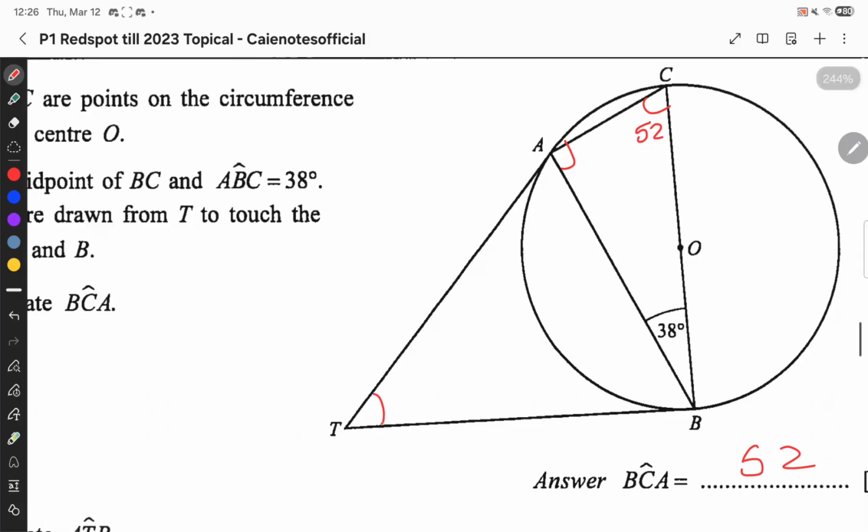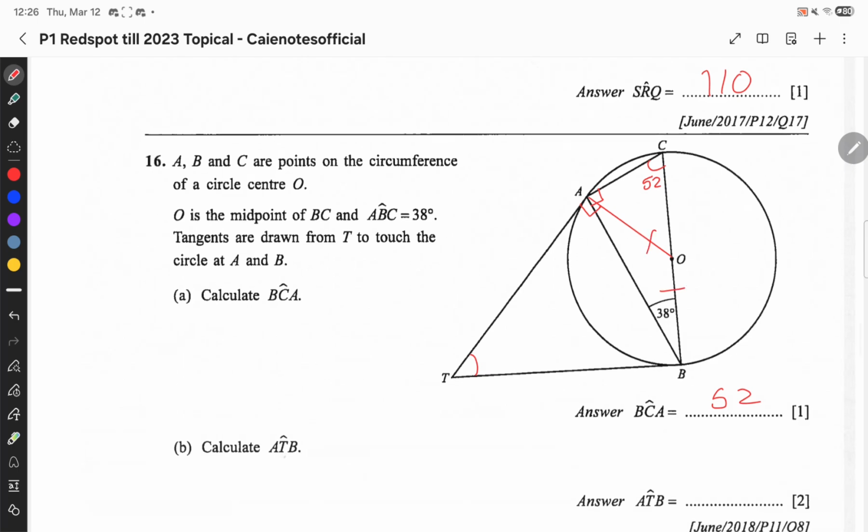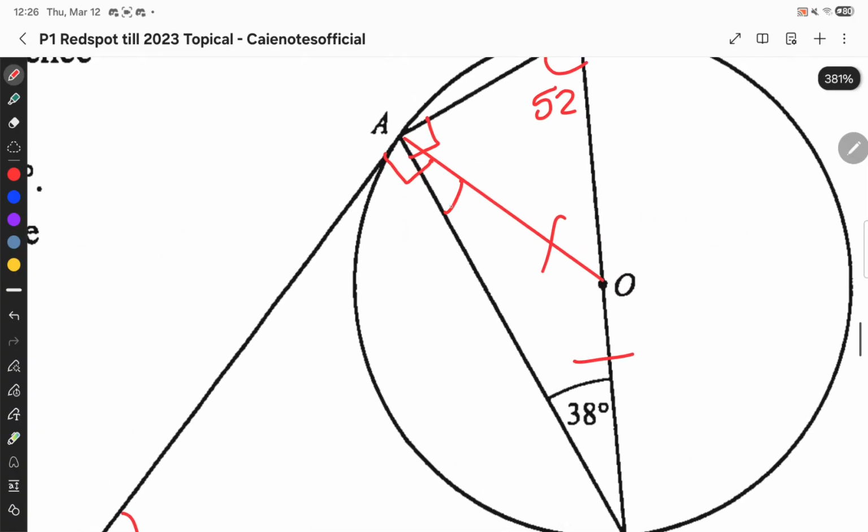ATB, and this is found by some difficult stuff. Well, one, we know that this is 90 like so. This is an isosceles, and so this is 38. This is 90. The remaining angle would be 90 minus 38, which is 52.